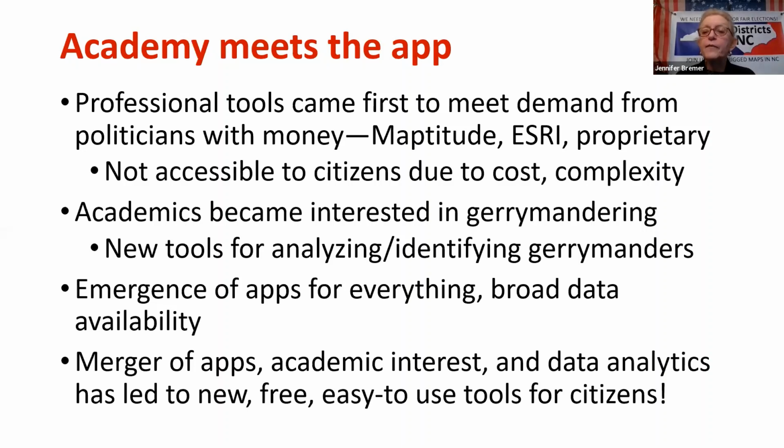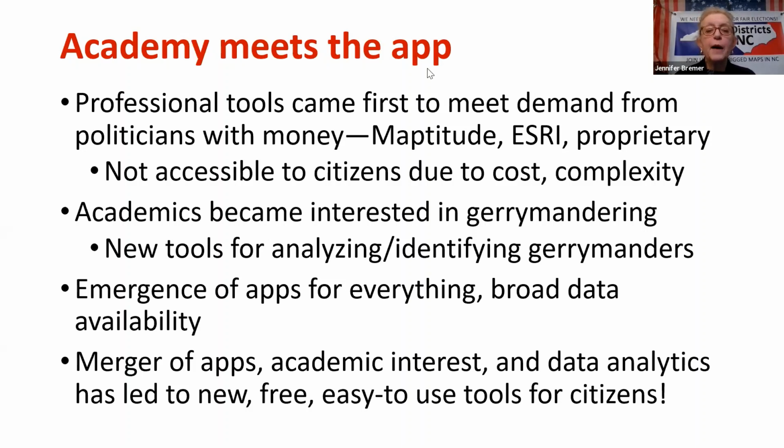And academics have become also a lot more interested in gerrymandering. This has been going on for a while, but it has certainly accelerated. And further impetus has been given to that by the fact that there are so many tools that can be used for analyzing the maps and for identifying gerrymanders. And that work is very much continuing.